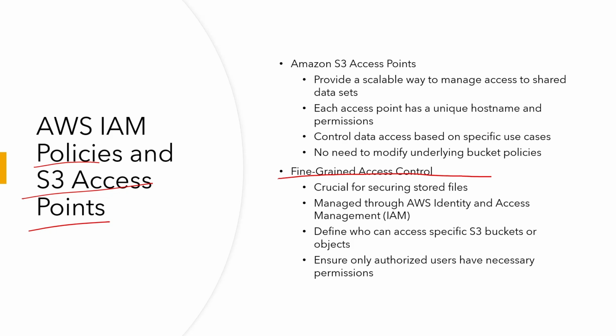We will be setting permissions, and we can use that to ensure that only authorized users have the necessary access to all of our data. Now, this level of control is going to allow sensitive information to be shared securely, and is also going to ensure compliance with the different kinds of policies and regulations that we need to abide by.